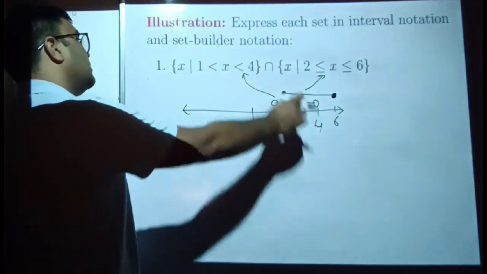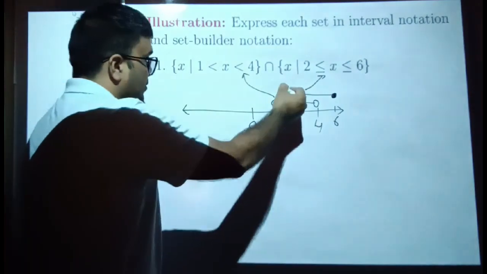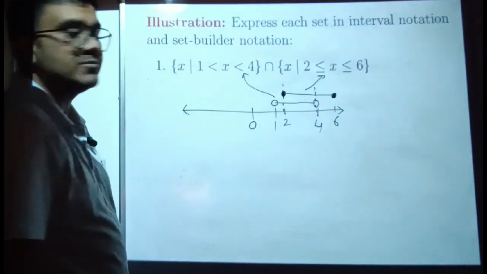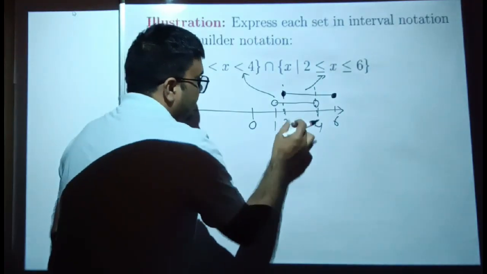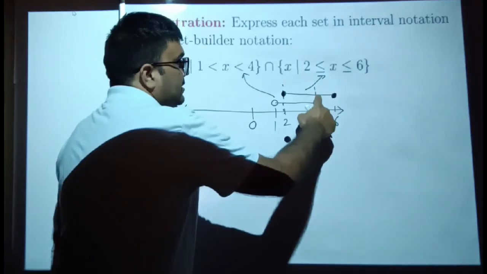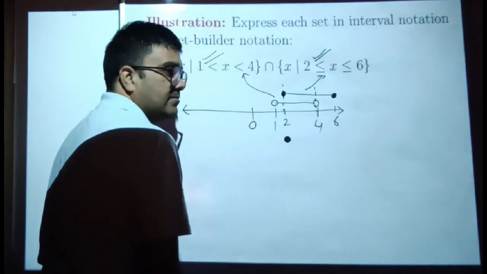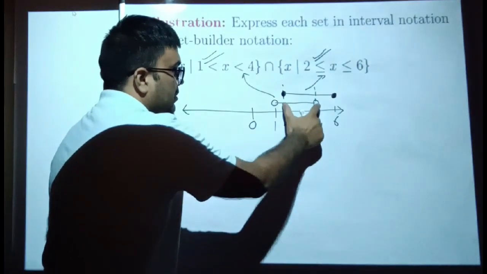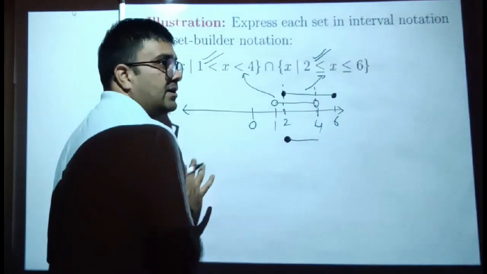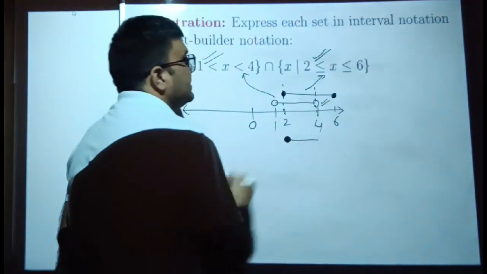Now we are talking about the intersection of these two intervals. Intersection means we are talking about the region that is common to these two. So the common region, we have 2 is included in both of these. 4 is included in this set, but 4 is not included in this. If I am talking about the common portion, the numbers up to 4 are included, they are common, but 4 is not present in this interval.